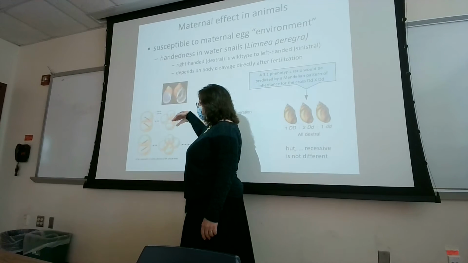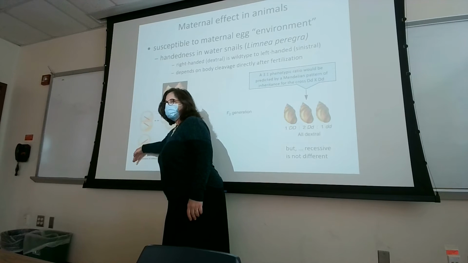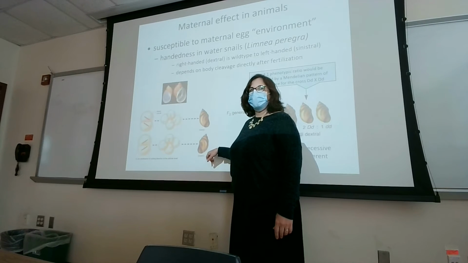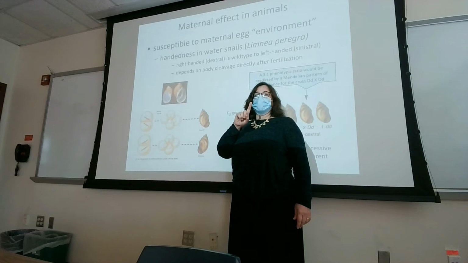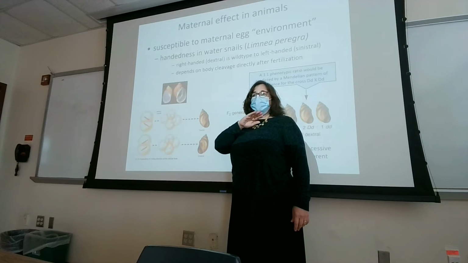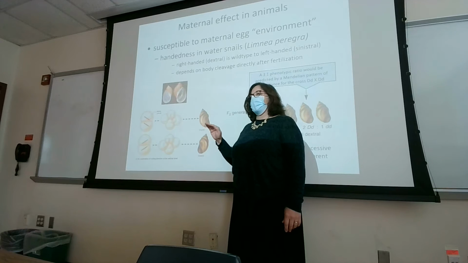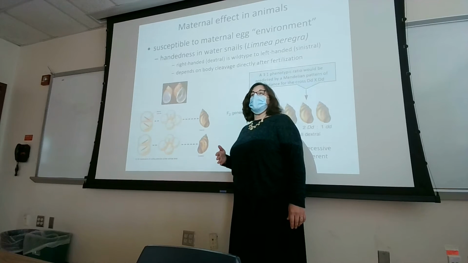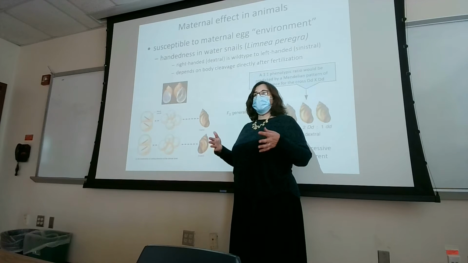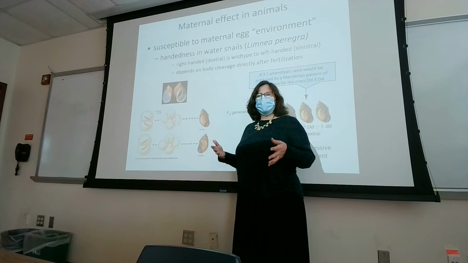But if it sets up in the opposite plane, it becomes left-handed. That's the first cell division. It sets up the whole entire body pattern. And we seem to see that also with humans. It comes from that really, really early egg. That's really cool.